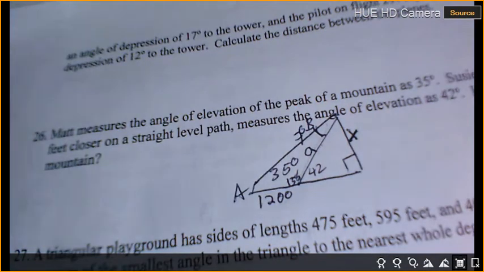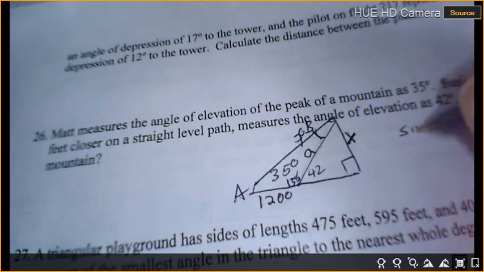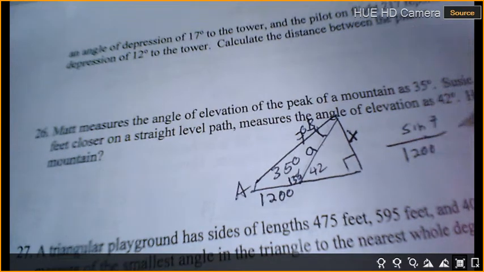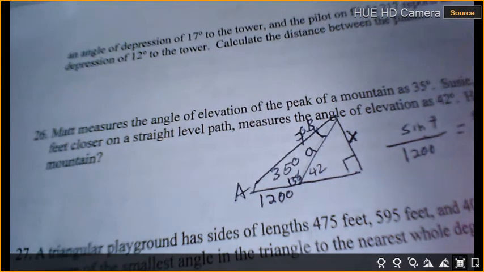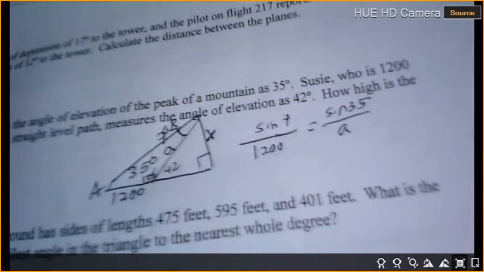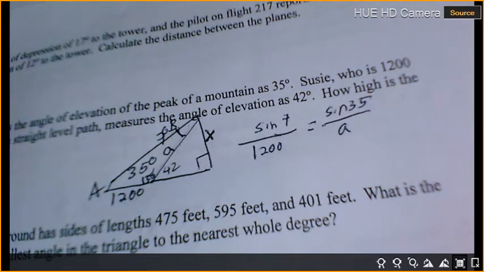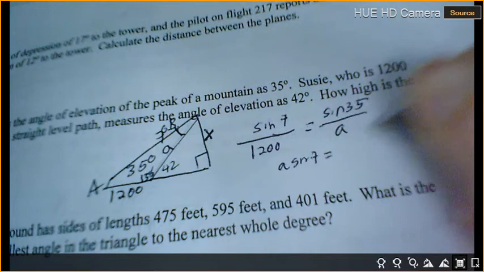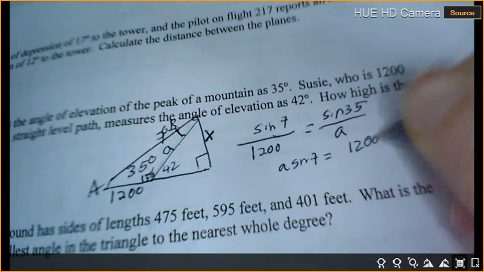Then we can use law of sines. And we can say sine of 7 over 1,200 equals sine of 35 over A. So after all that, we can start our problem actually. So we're going to get A sine 7 equals 1,200 sine 35.